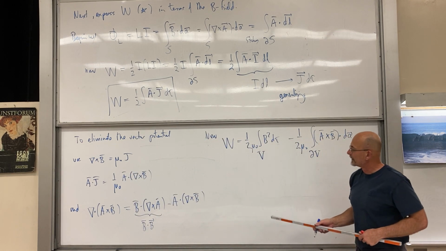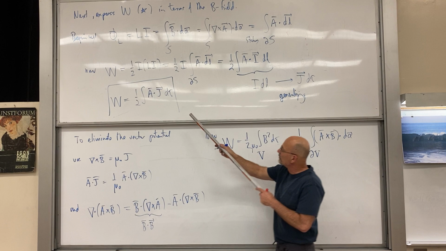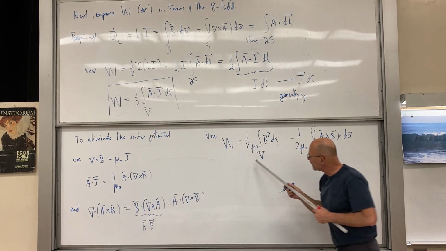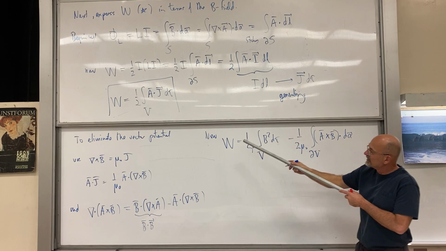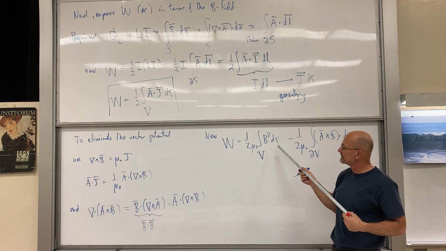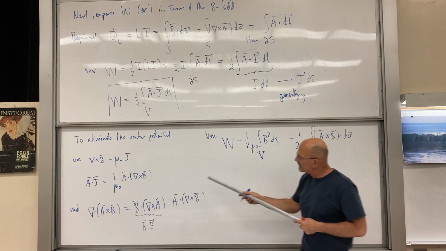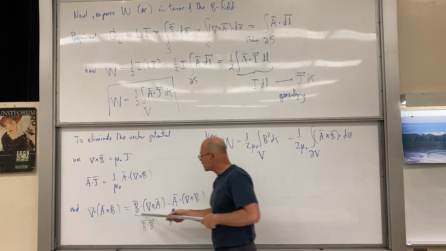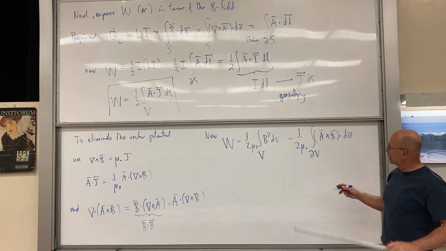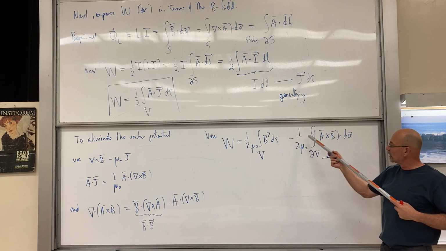Okay. So since I'm integrating over a volume, which I didn't have here yet, that's 1/2 mu naught, okay, B squared d tau.